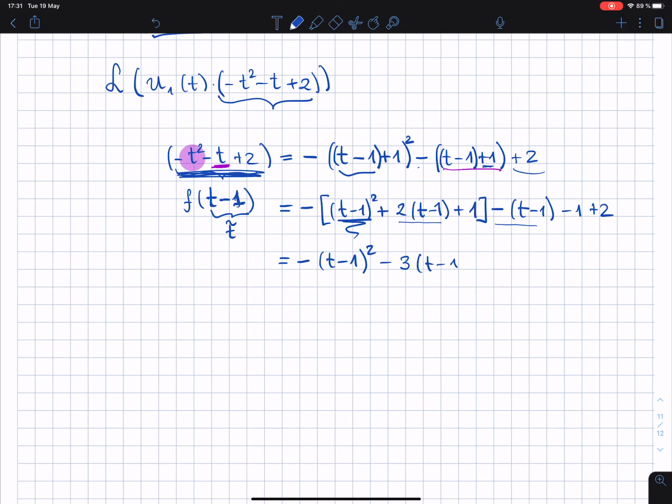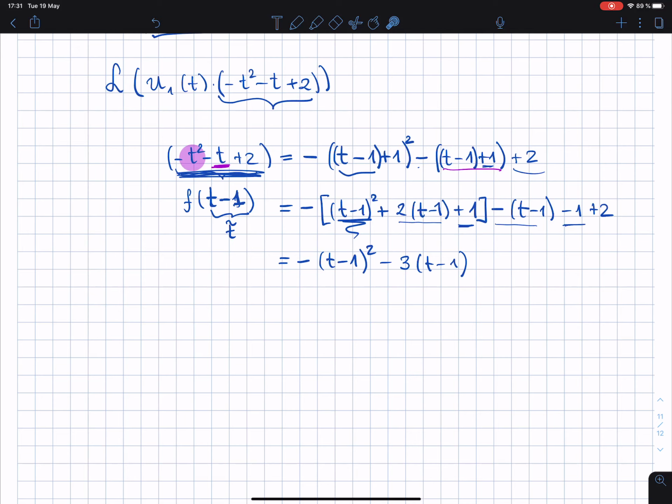And then we have minus 1 here. And minus 1, that's minus 2, plus 2 is 0. So what I have at the end is that I could rewrite this polynomial in this other way. It's the same polynomial.